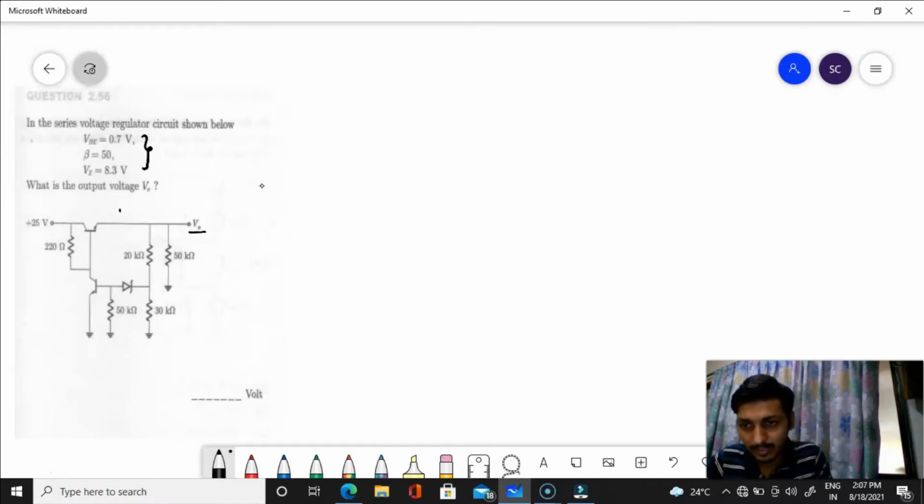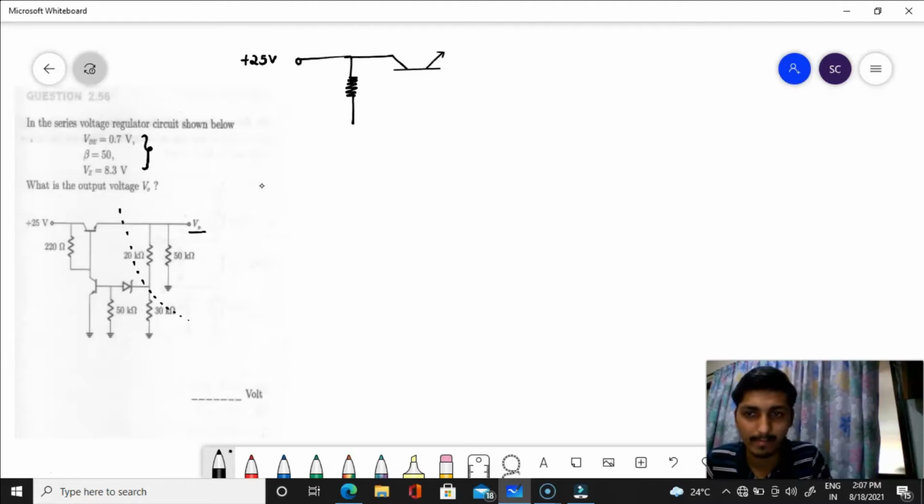So first we will see it for this part. Transistor number 2, this is grounded.